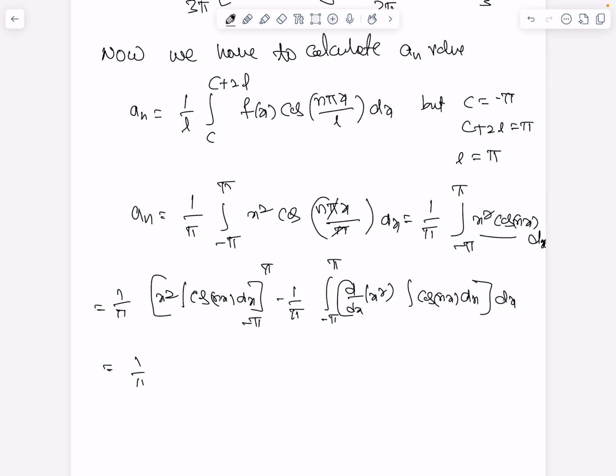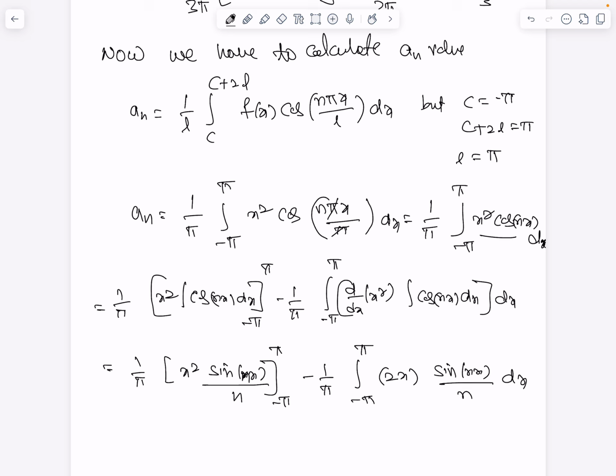That is 1 by pi into x square. Integration of cos nx is sin nx divided by n, from minus pi to pi, minus 1 by pi, integration from minus pi to pi. Derivative of x square is 2x and integration of cos nx is sin nx divided by n, into dx.